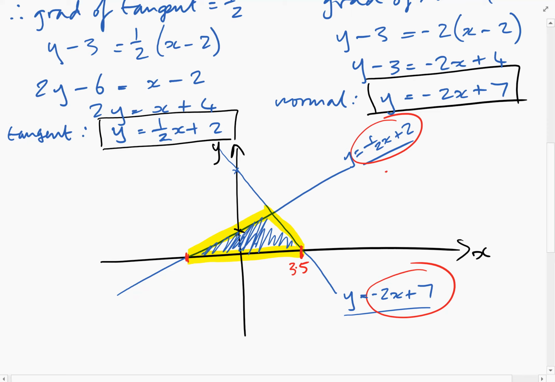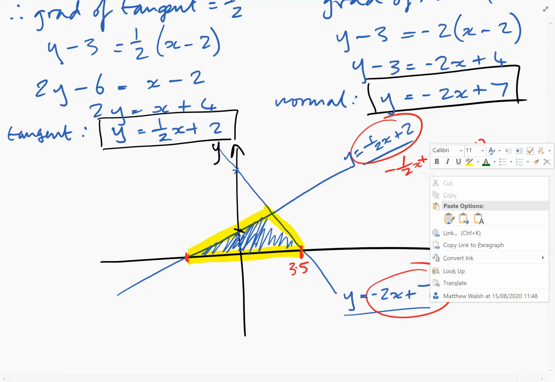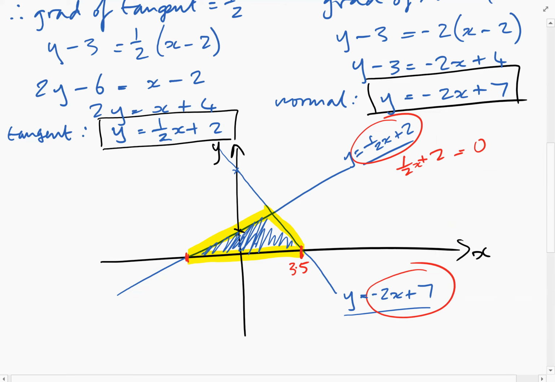If you're not sure about that, then just put it equal to 0 and solve it. So there'll be a half x equals minus 2, and so x is going to be minus 4. So that's that point we need to know.